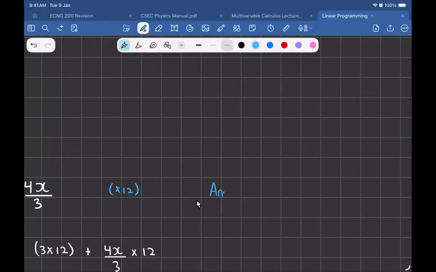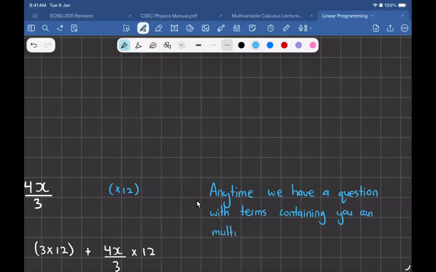Anytime we have a question with terms containing fractions, you can multiply by the LCM throughout.